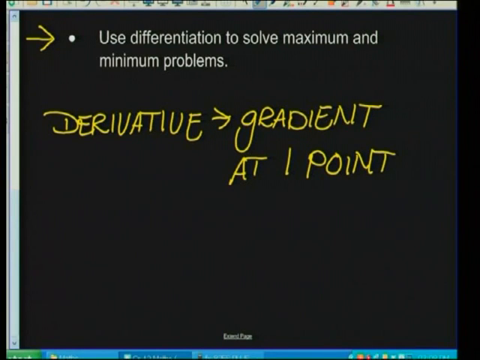Another way I could phrase that is we're finding the gradient of a tangent. Remember, a tangent and a function connect to each other at one point. So when we're working with the derivative, we are finding the rate of change, the gradient at one point. It's really important to keep that clear in your head, so that when we are interpreting all these questions, we can always go back to that basic rule of a derivative.